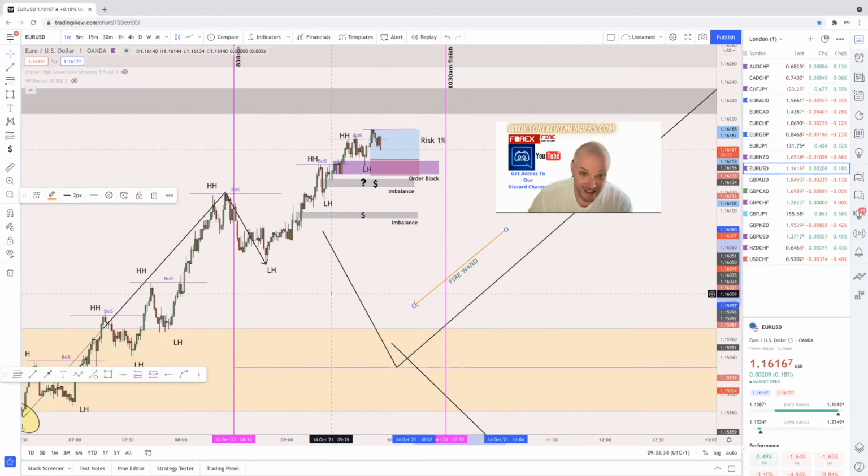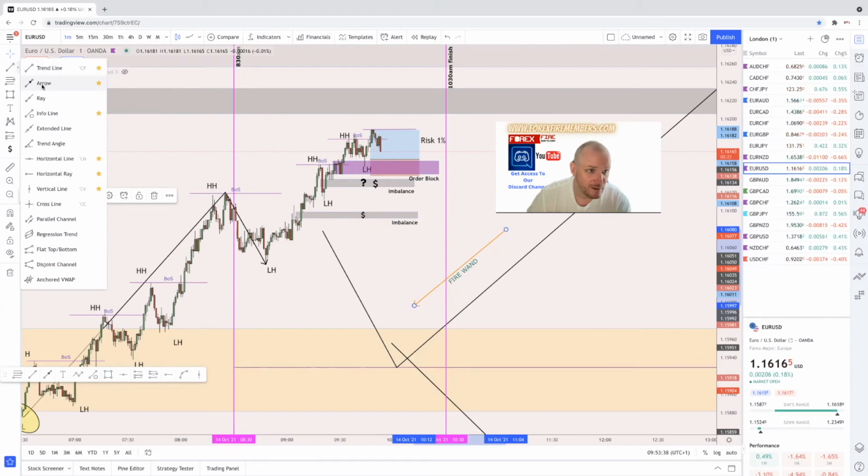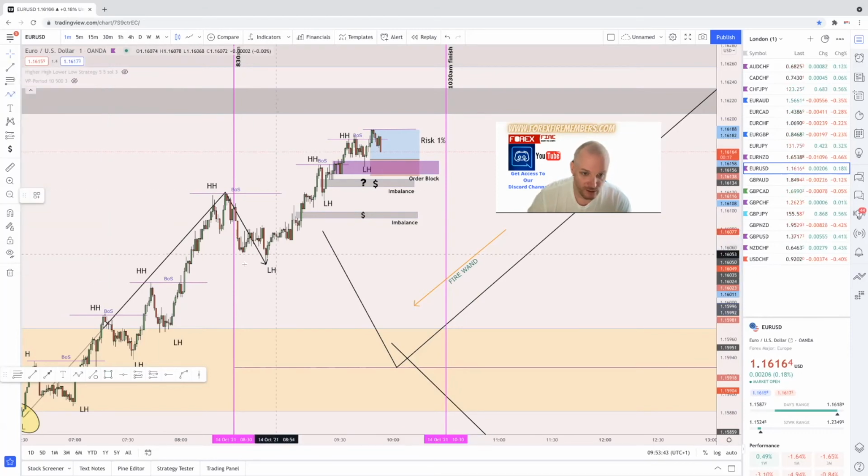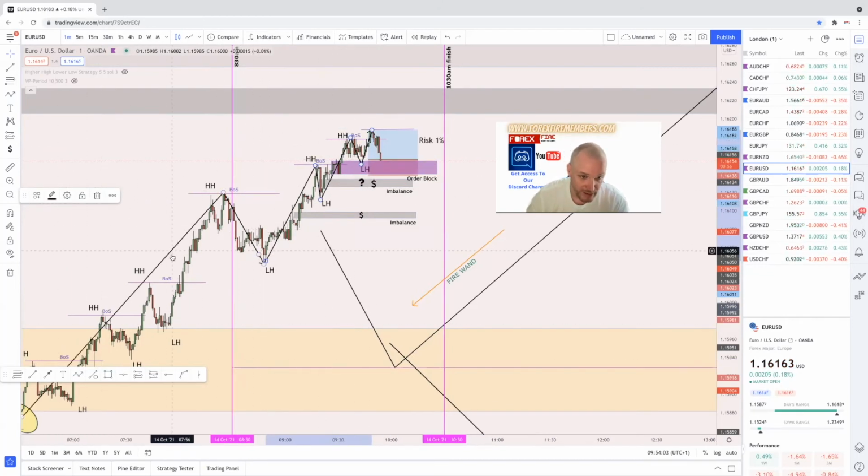Okay, because technically this bit here, what we have here on the path, technically this here is still an impulse drive, okay, if that makes sense, because you've had the pullback. That there is an impulse drive from the initial part.